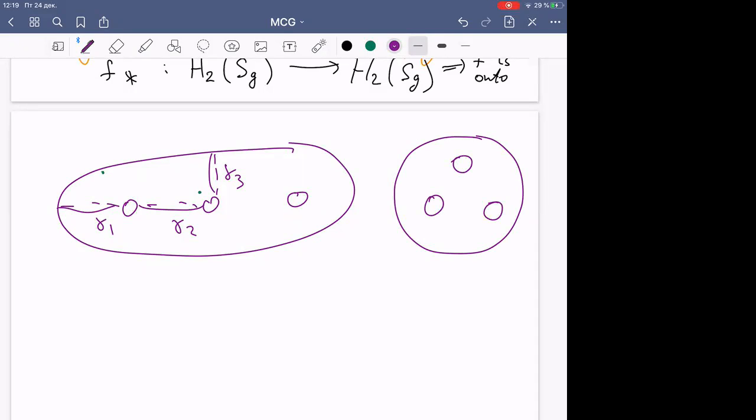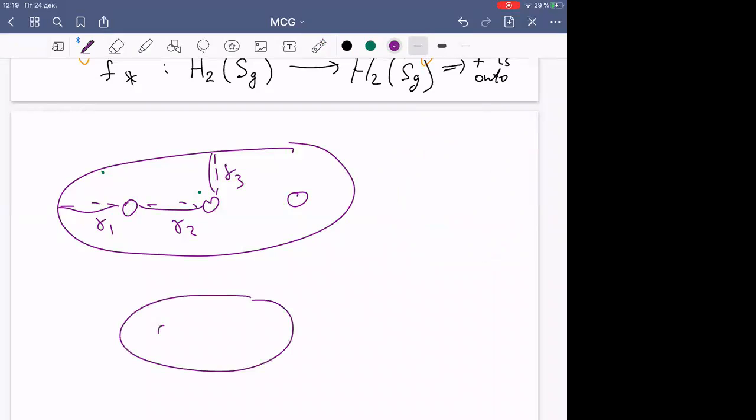This is gamma 1, this is gamma 2, and this is gamma 3. So this is a sphere with 3 holes.